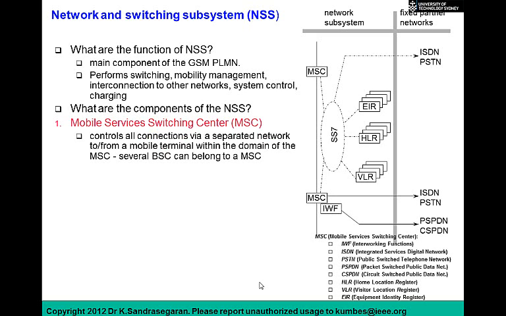Everything is switched at the MSC. Even if two subscribers are talking to each other in the same cell, the data has to go all the way to the MSC where it's switched and sent back to the same cell. So the MSC is considered an important function, and sometimes you may have a limited number of MSCs in a network.